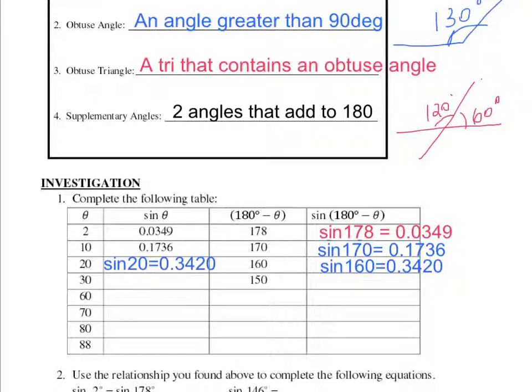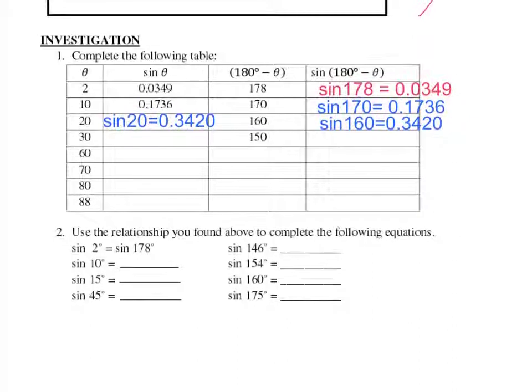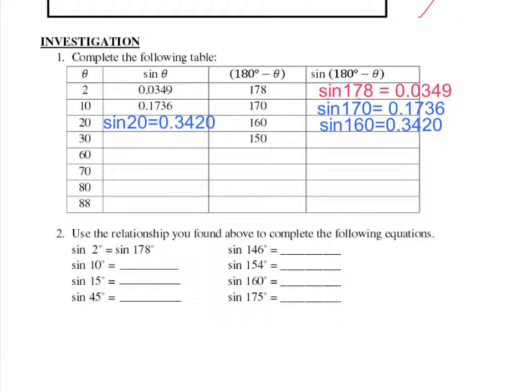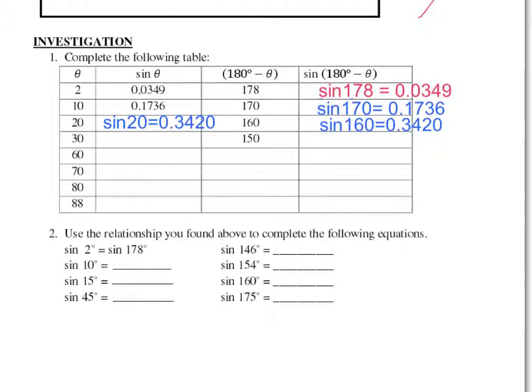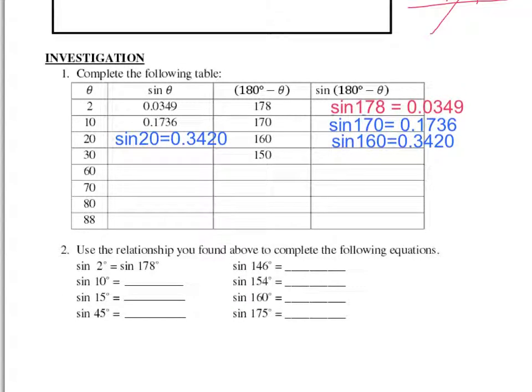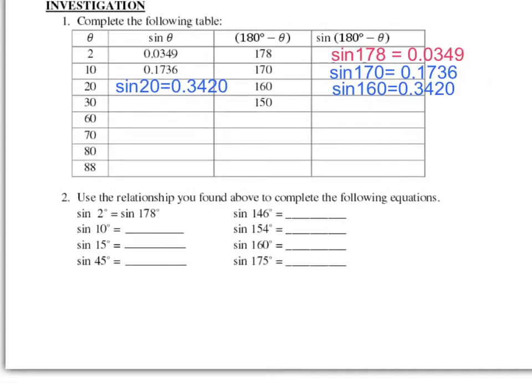So we can say that, based on the investigation above, sine 2 is equal to sine 178. Sine 10 is equal to sine 170.